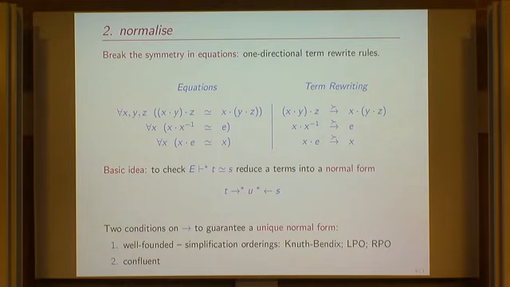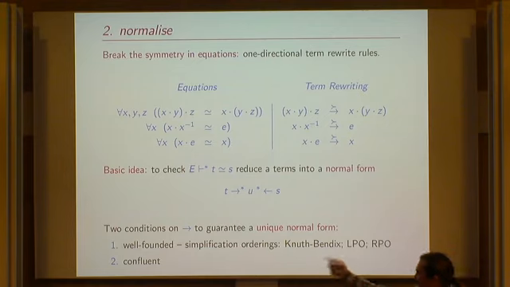Generally it won't be the case just if you orient equations. There are two conditions on this rewriting relation to obtain a unique normal form. The first is that this relation should be well-founded. Deepak also mentioned this, and it is the same idea applied in the Buchberger algorithm for computing Gröbner bases.